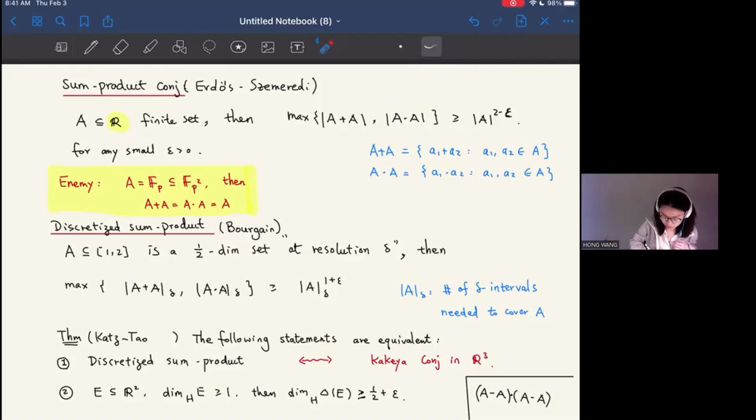So this theorem raised a few conjectures and says that they are equivalent. And after that, Bourgain proved the discretized sum-product conjecture. And that's why we have this theorem. So this theorem is a combination of these two results.